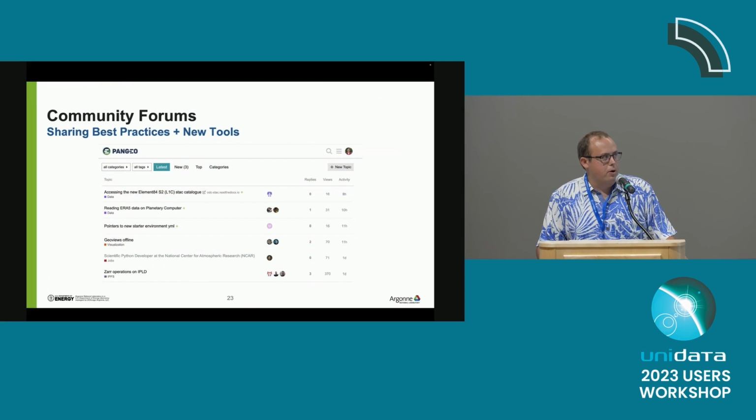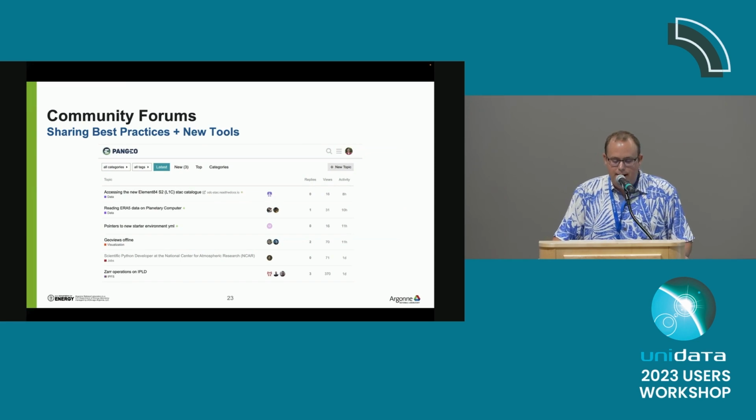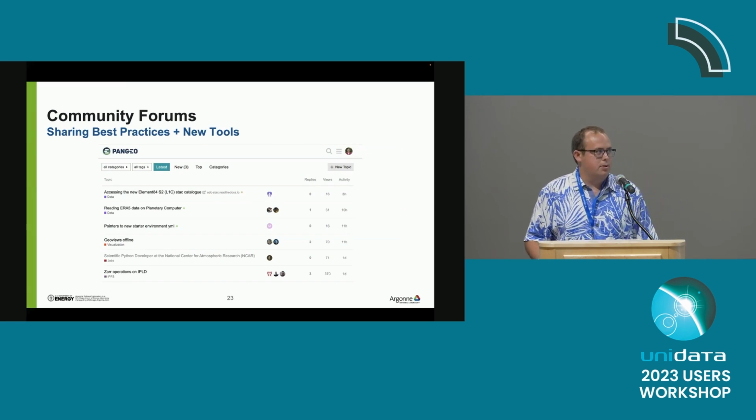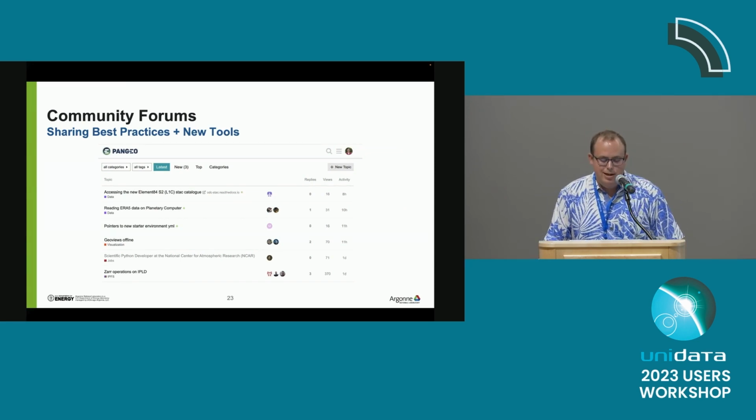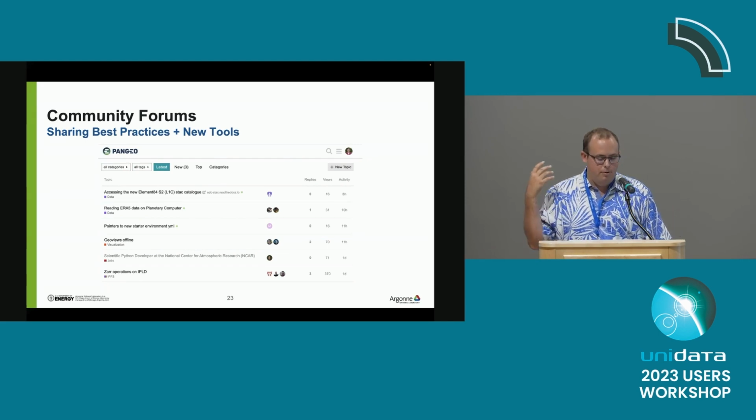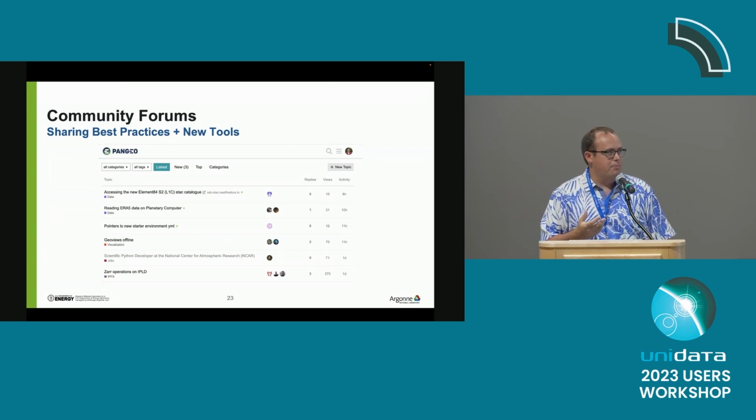One other component of education outreach, like Scott was saying earlier about communities of practice, is providing community forums. An example is Pangeo. They have a really great community forum, with over 1,000 people all asking questions and sharing jobs and asking about data, but really providing an open space where it's not, oh, you've got to go ask your advisor, or, oh, you've got to know a person.